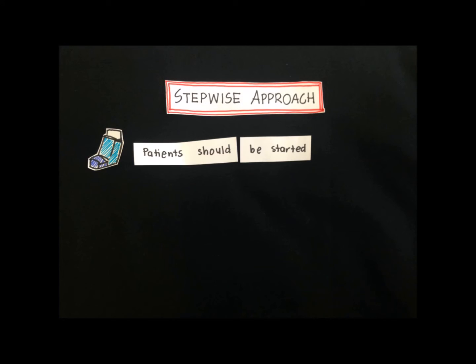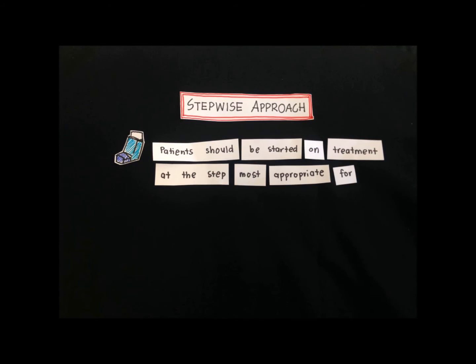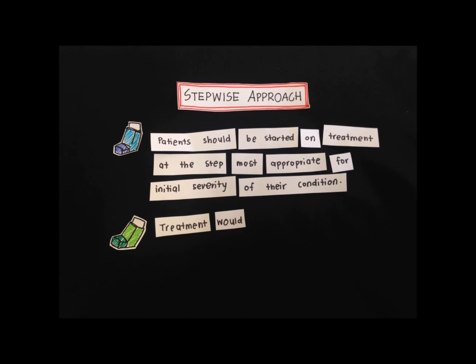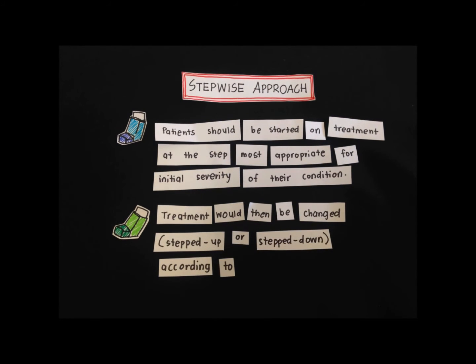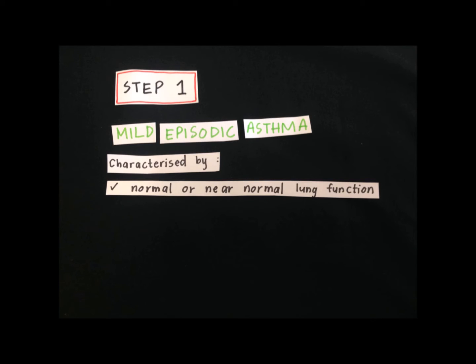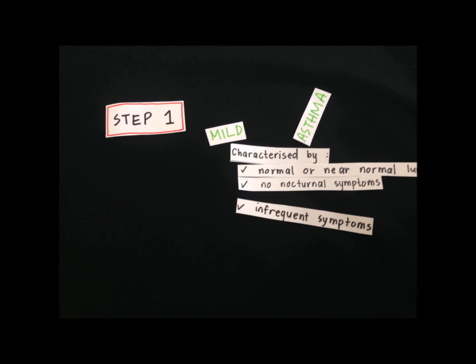A stepwise approach. First, patients should start treatment at the step most appropriate for the initial severity of their condition. Treatment would then be changed according to their progress. Step 1 is mild episodic asthma.